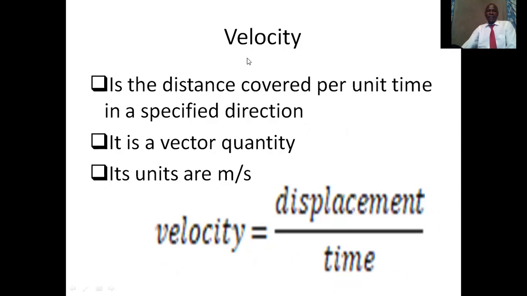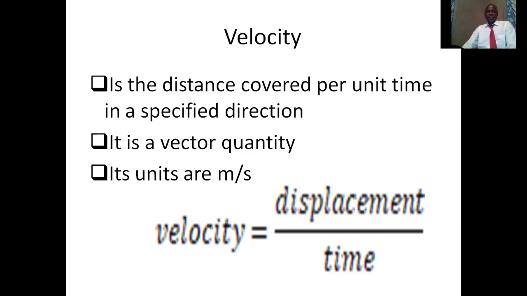Now we define velocity. Velocity is the distance covered per unit time in a specified direction. So here we have seen that the difference between speed and velocity is basically that velocity includes direction and not only magnitude, not only the distance covered.